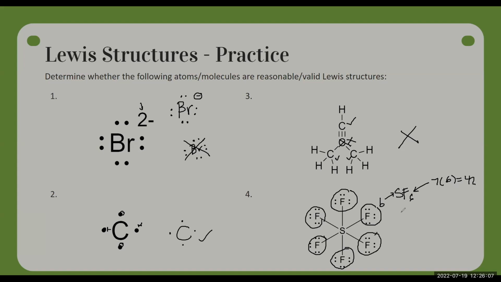So we do a total of 42 plus 6, we should get 48. And we have 6 groups of 8 on this structure down here. So we do also have a total count of 48. And so this looks like a possible and reasonable Lewis structure.